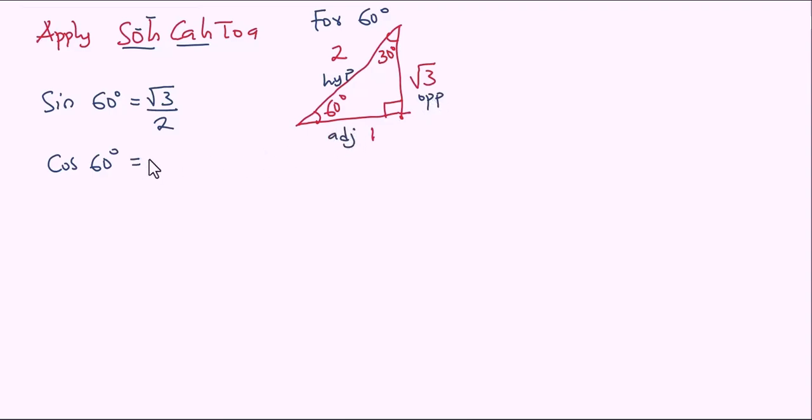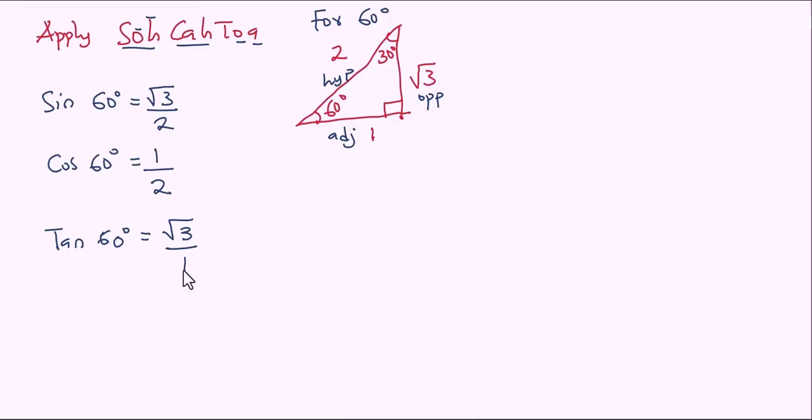So the adjacent is 1, and the hypotenuse is 2. Now let's solve for tan 60 degrees. We'll have opposite over adjacent. The opposite is root 3, and the adjacent is 1. And that is it.